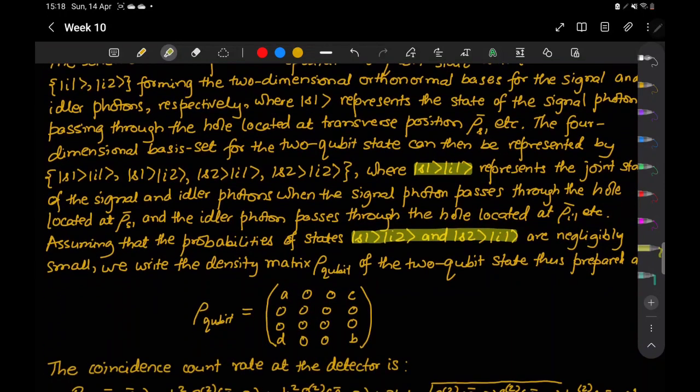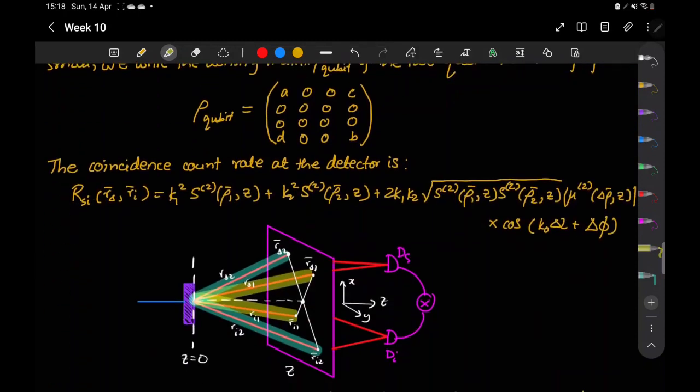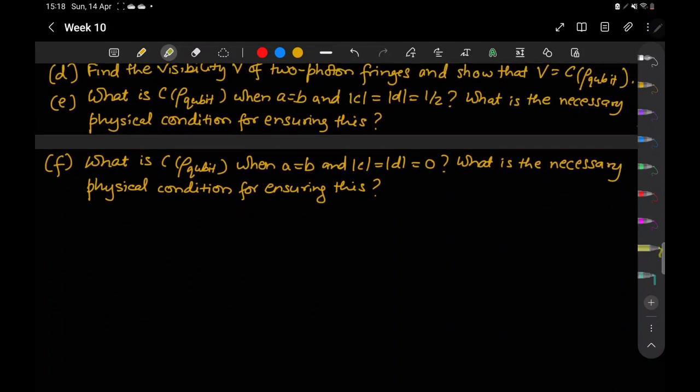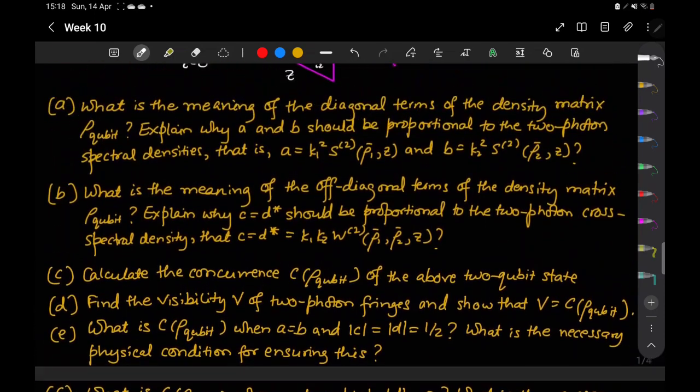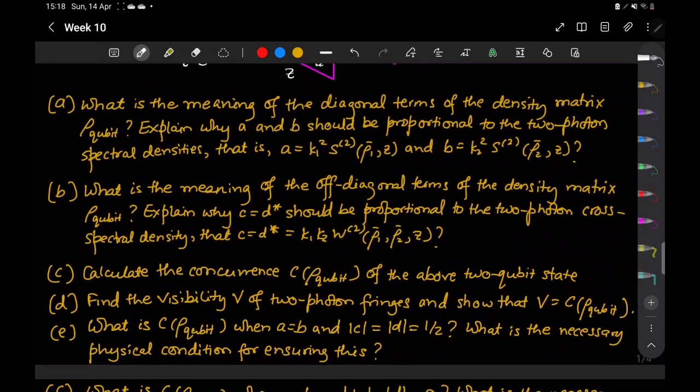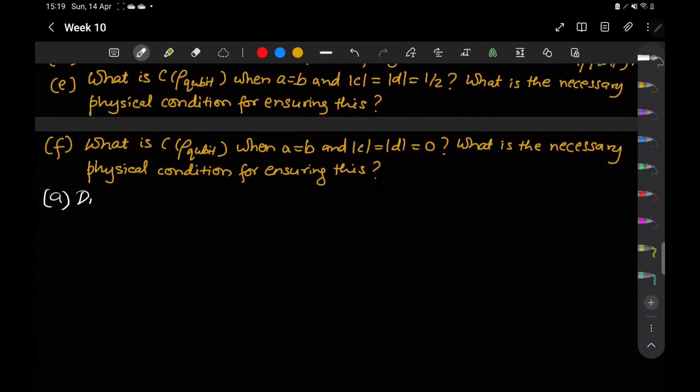Okay, so let us now look at the solution. Let us begin with part A. Part A is, what is the meaning of the diagonal terms in the density matrix, and explain why A and B should be proportional to the two photon spectral densities.